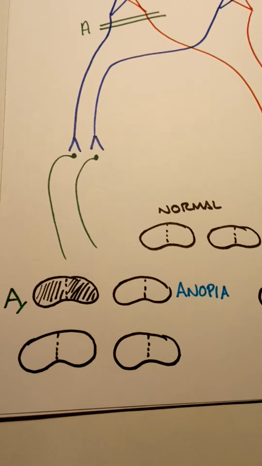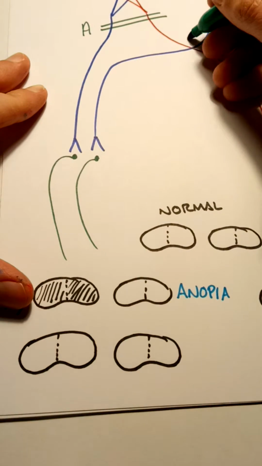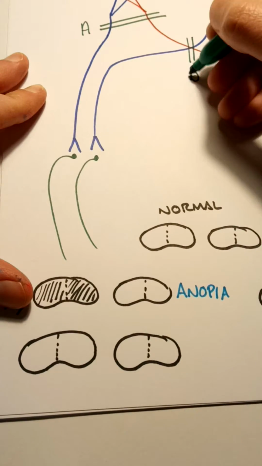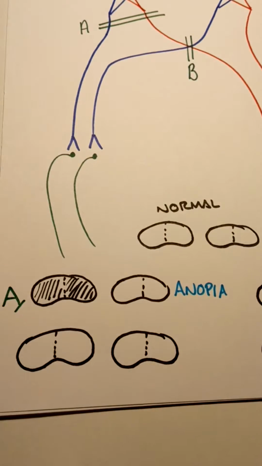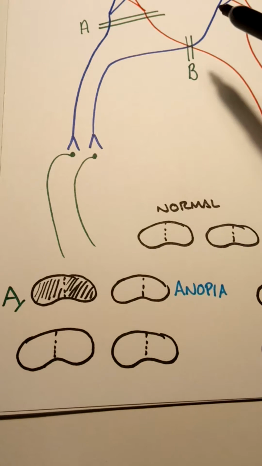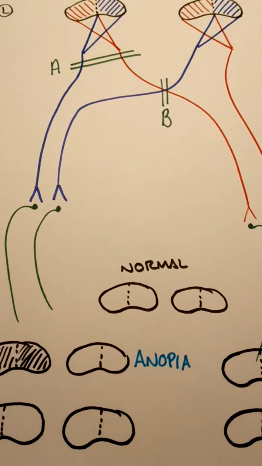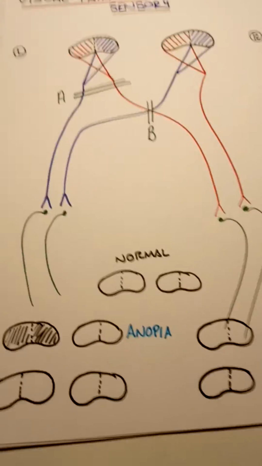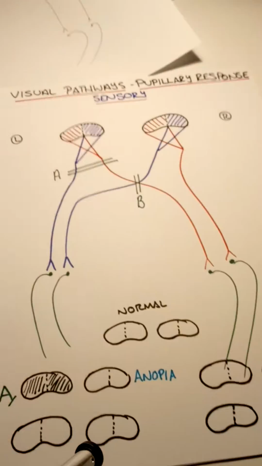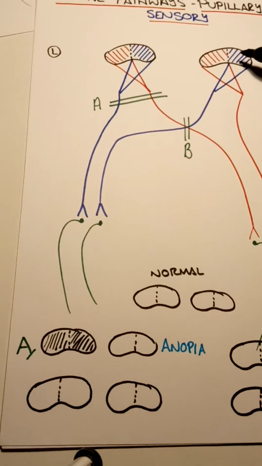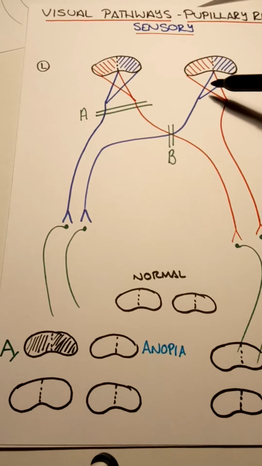Okay, so lesion B. Lesion B is here. This is called the optic chiasm. This is where the optic nerves cross. So if we have a lesion there, let's work this one out. It's going to affect this blue line here.